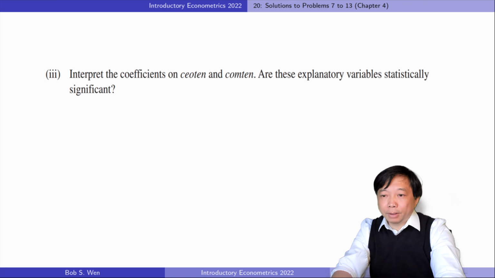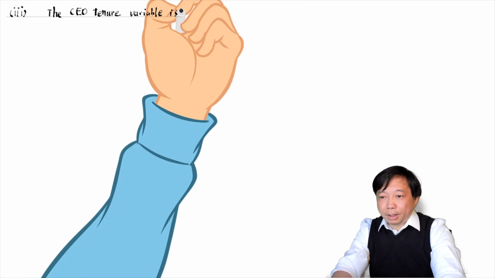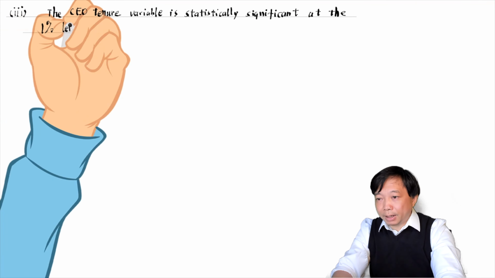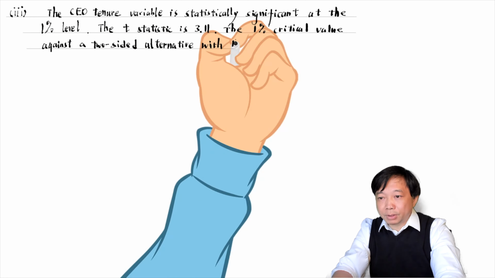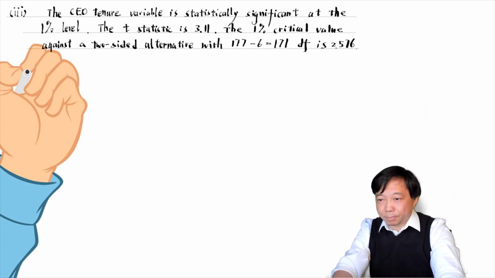The third question is to interpret the coefficients on the years as CEO and the years with the company. The CEO tenure variable is statistically significant at the 1% level because the t-statistic is 3.11 and the 1% critical value against the two-sided alternative with 171 degrees of freedom is 2.576.